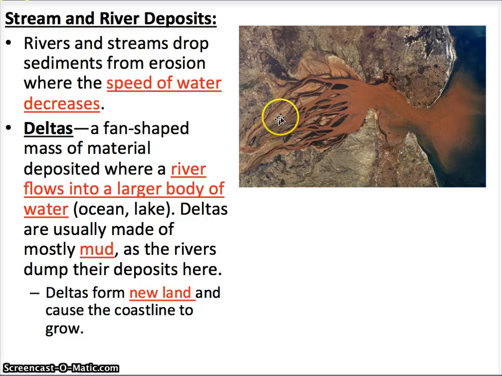So you can see this picture shows a delta. A delta is an area where a river meets the ocean, and that's where rivers will actually dump off their sediment and mud, and that's why you can see there's lots of mud here in this delta.